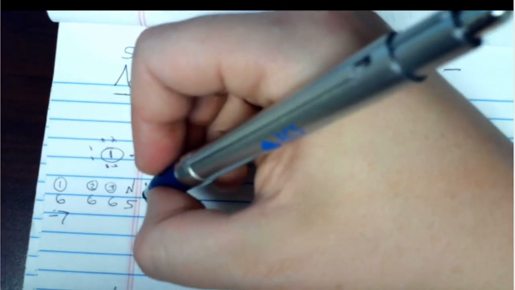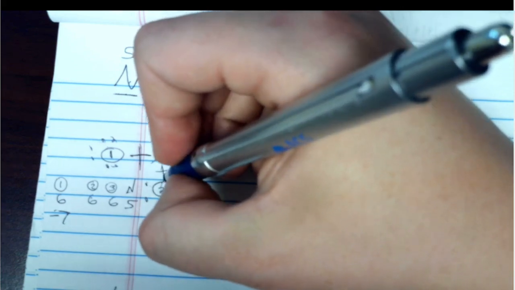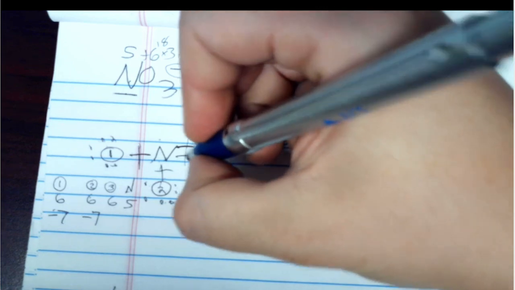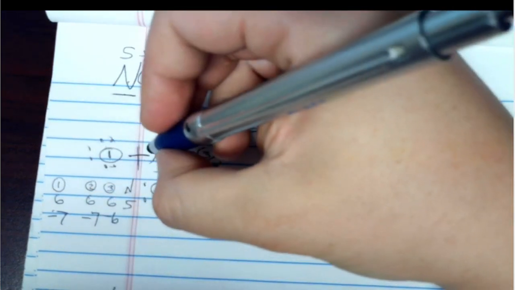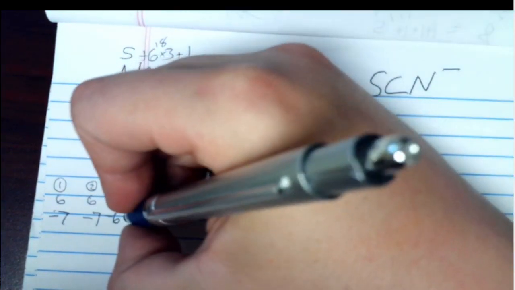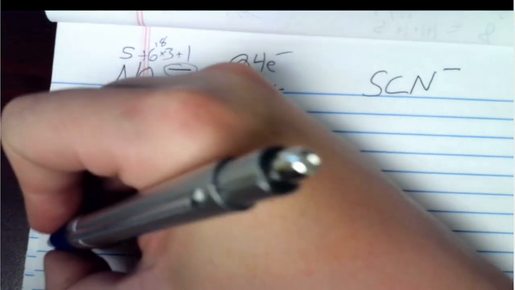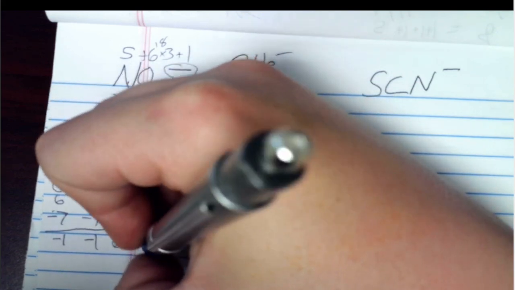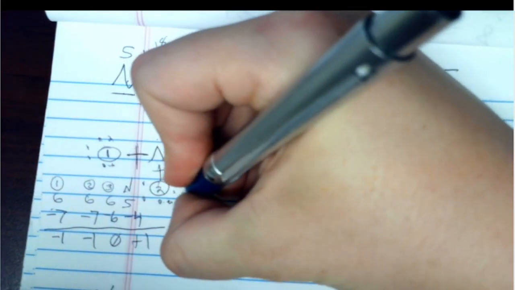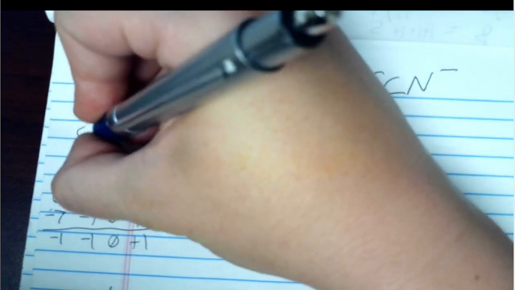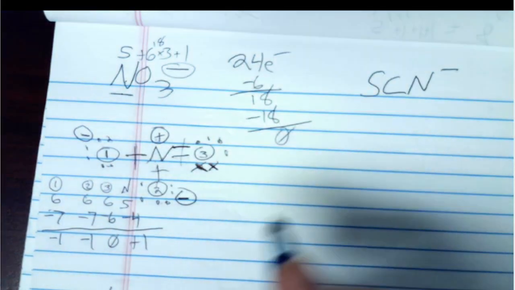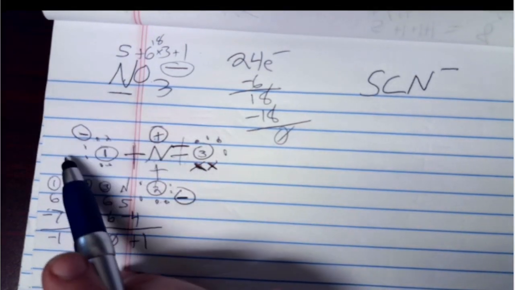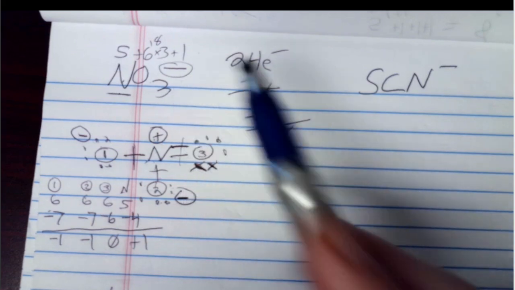O2 has 1, 2, 3, 4, 5, 6, 7. O3 has 1, 2, 3, 4, 5, 6. And N has 1, 2, 3, 4. So what are the formal charges? They are -1, -1, 0, +1. So put a negative, a negative, a positive. They should add up. -1, -1, +1 adds up to -1, which matches that.